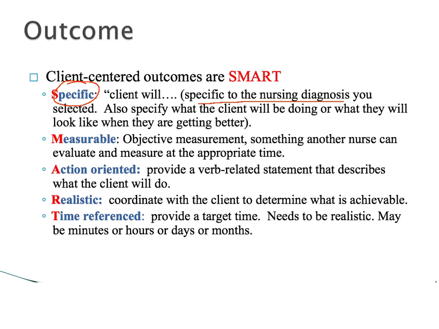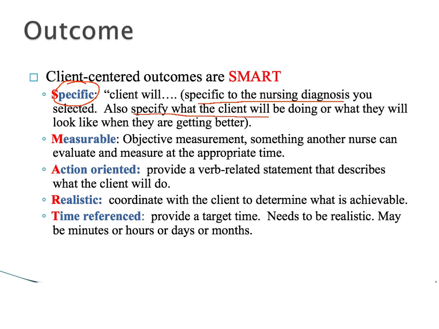Now, the client also has some confusion. There are other nursing diagnoses related to altered states of mental status. So you would write different outcomes for different nursing diagnoses. So the outcome needs to be specific to the nursing diagnosis that you're writing it for.